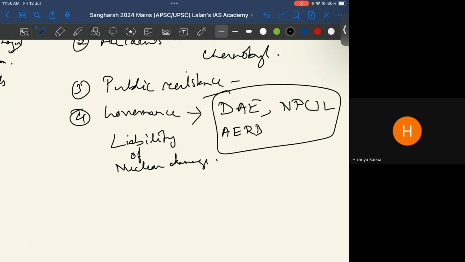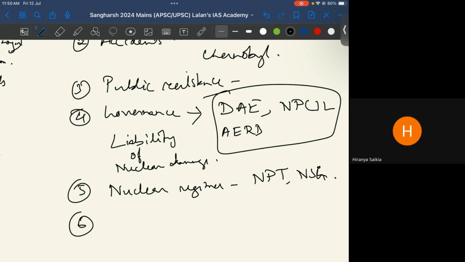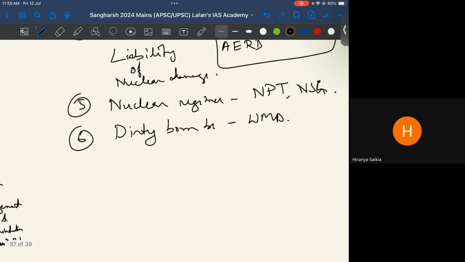Then, fifthly, we can say there are issues related to nuclear regimes: we are not a part of the NPT, we are not a part of the NSG, so at least to ensure assured supply, that is a problem. Then the idea of dirty bombs, basically talking about WMDs, so it can also lead to the possibility of creating dirty bombs.